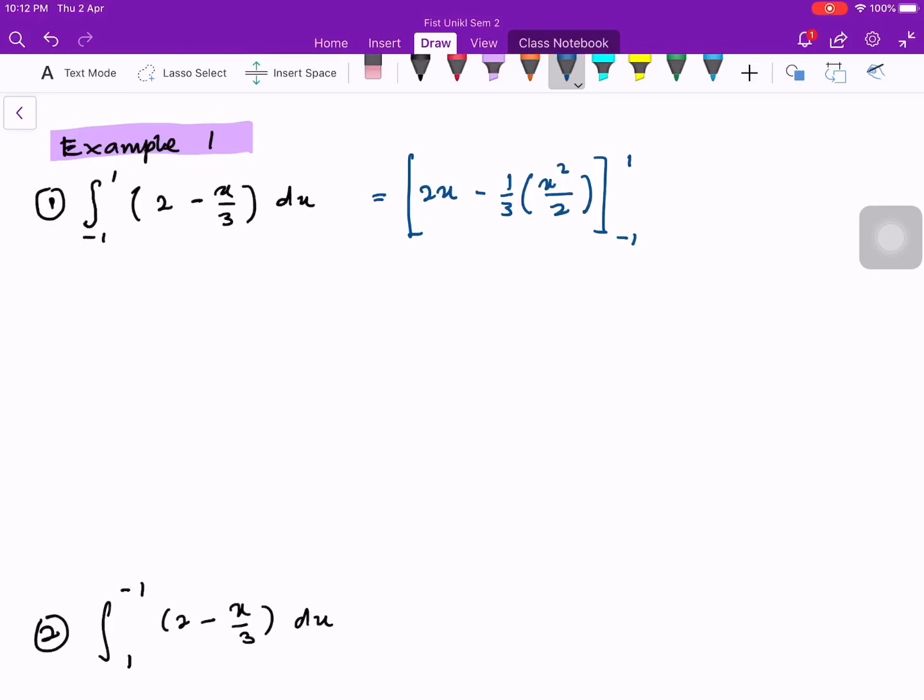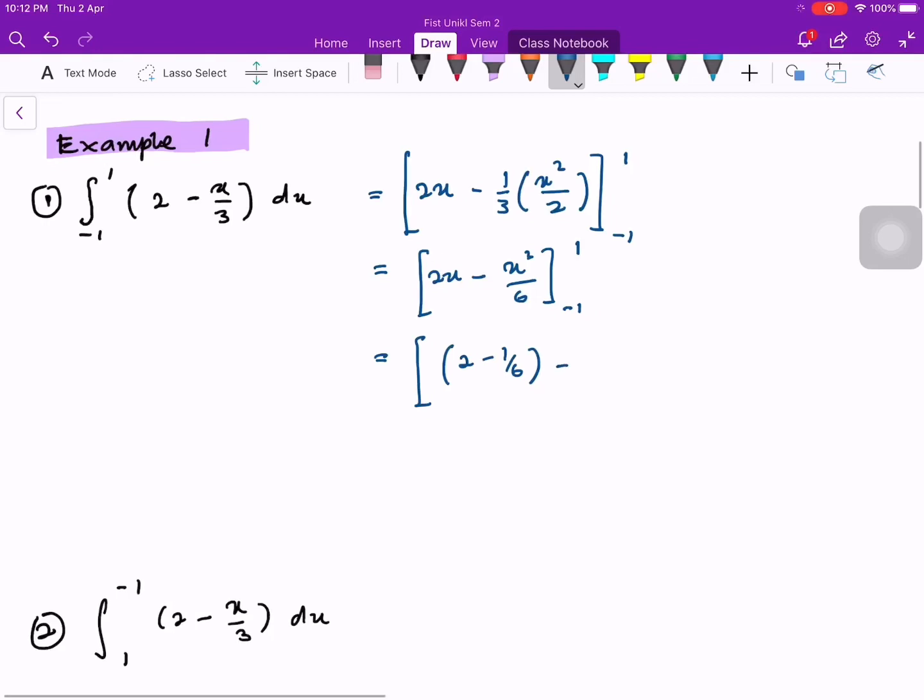Okay, then simplify. So this one I'm supposed to have 2x minus x squared over 6. Then I have a limit from minus 1 to 1. Then saya gantikan nilai 1, bermaksud saya akan dapat 2 tolak dengan 1 per 6, minus with, now the second one is I have minus 2 minus 1 over 6.